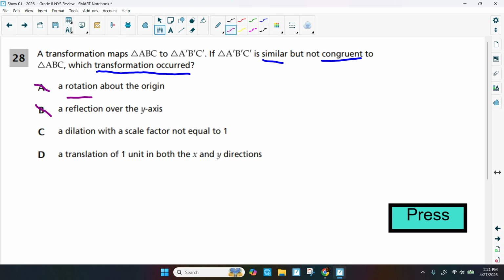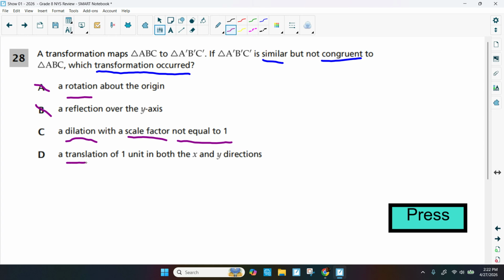Dilation. Ooh, a dilation is when you have something that changes size. It looks similar, but it changes size due to the scale factor, making it bigger or smaller. And in this case, the scale factor is not equal to 1. So it's changing by a certain number, but not 1. So it's getting bigger or smaller.